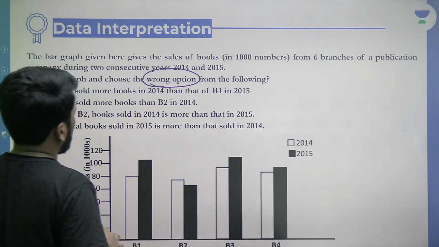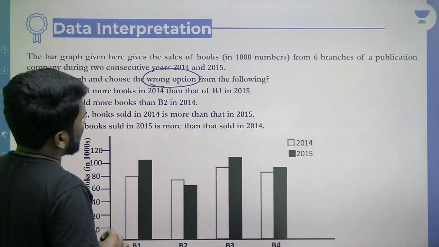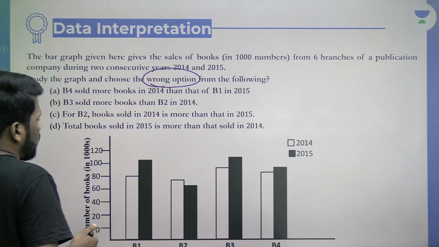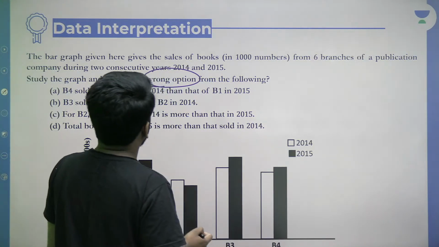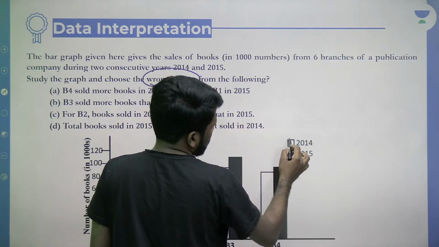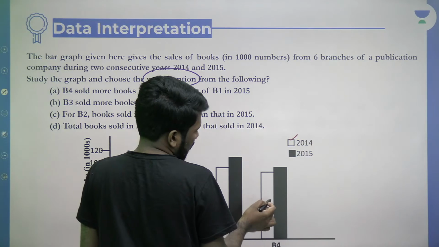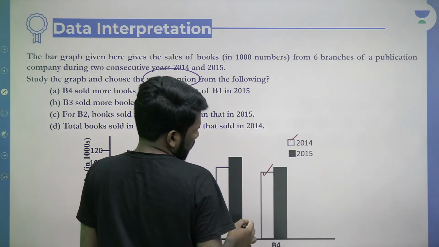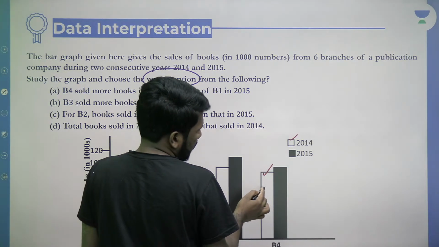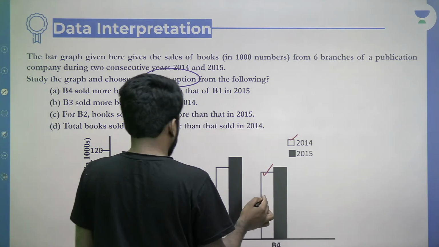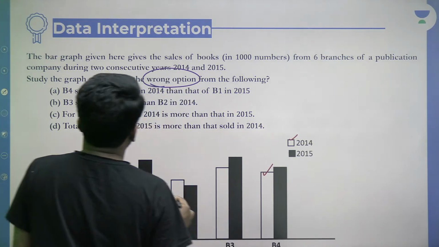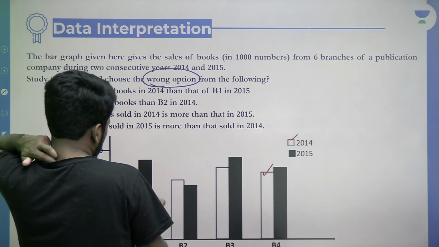B4 sold more books in 2014 than that of B1 in 2015. B4 in 2014 is denoted by the plain region or plain bar. So this is 2014 B4 compared to B1 in 2015.